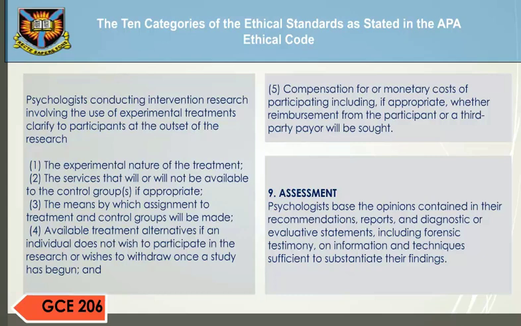Available treatment alternatives if an individual does not wish to participate in the research or wishes to withdraw once a study has begun. And 5. Compensation for or monetary costs of participating, including, if appropriate, whether reimbursement from the participant or a third-party payer will be sought.